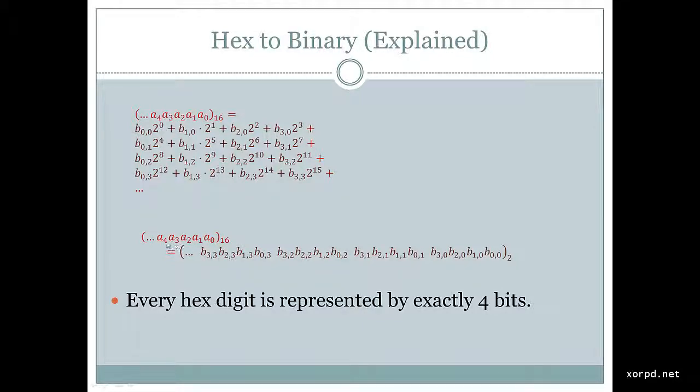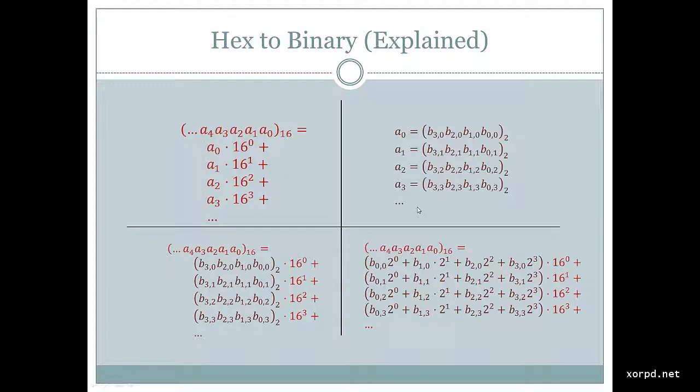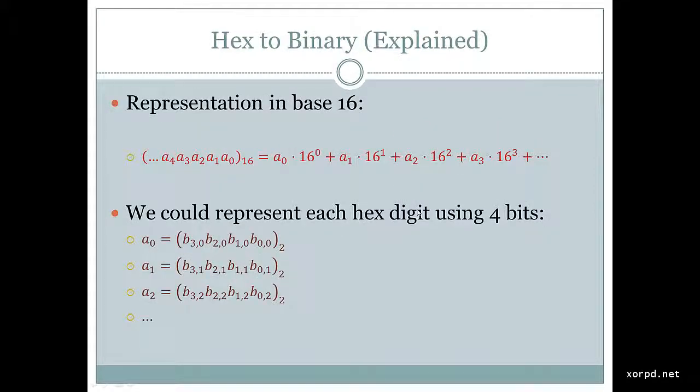Eventually, we got this equation. The original number is written here, and on the other side we have groups of 4 bits, where every such 4 bits, if you remember, represent just one number. For example, those 4 bits, B00, B10, and so on, in the beginning represented A0. We can go back just for a moment to see this. A0 was originally B30, B20, B10, B00 in base 2.